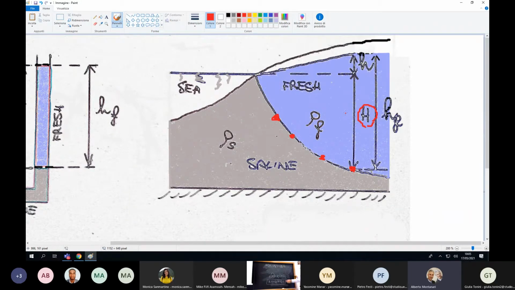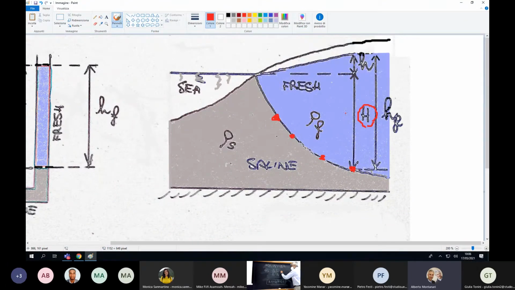Very good. Now it's very easy. Capital H is equal to, let me take some room on the blackboard, capital H is equal to gamma F lowercase h divided by gamma S minus gamma F. Okay, good.